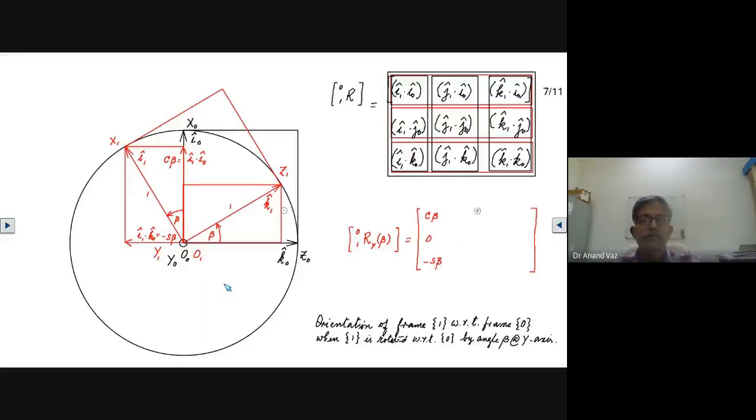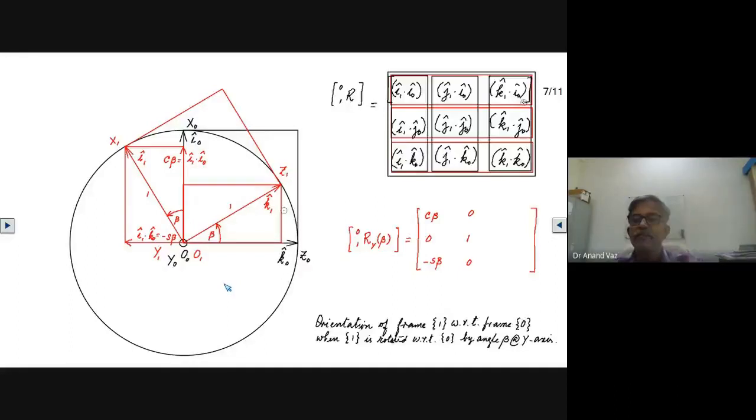So here we are going to write this as minus sine beta. Here we have j1 dot i0. j1 is coming out of the board, i0 is here, they are mutually perpendicular, so this element will be 0. Then you have j1 dot j0. Again, j1 and j0 both are in the same direction, their magnitudes are 1, so the dot is going to be 1. j1 dot k0, again, will be 0 because they are mutually perpendicular.